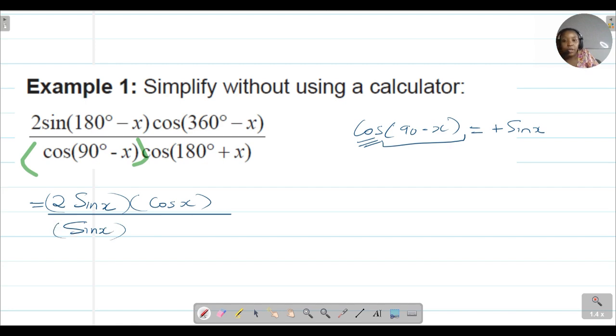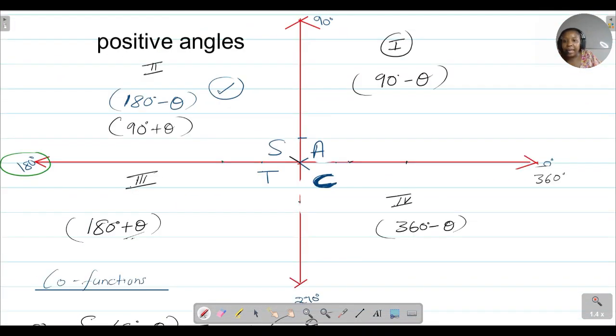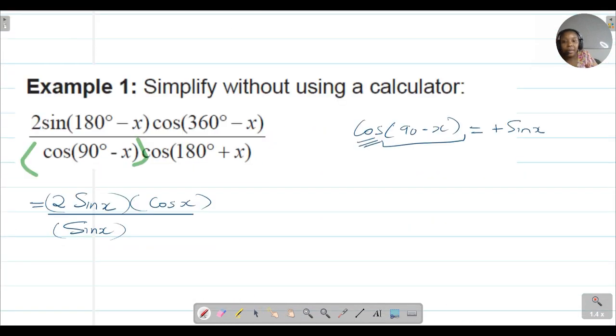Okay, let's continue. Cos of 180 plus x. In which quadrant are we? 180 plus x, we're in the third quadrant. And in the third quadrant, only tan is positive. Only the tan function is positive. So that means that you'll have a negative cos of x. So we've reduced this, looking at our Cartesian plane and our cofunctions.